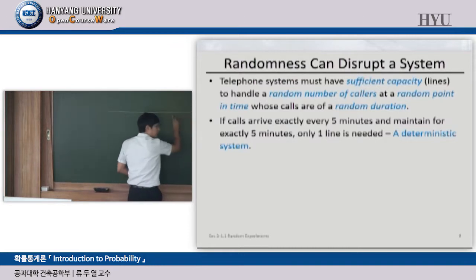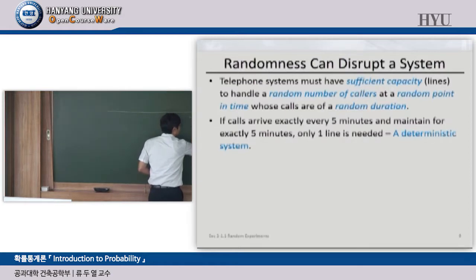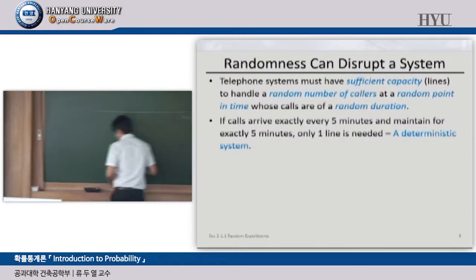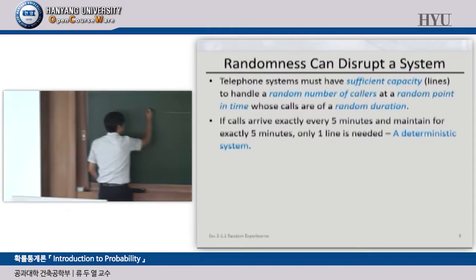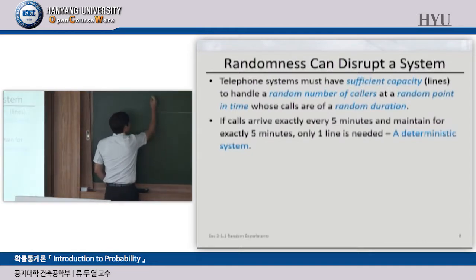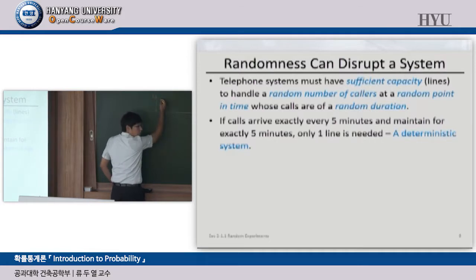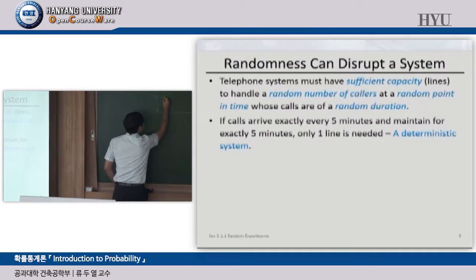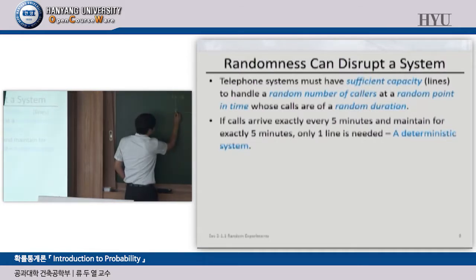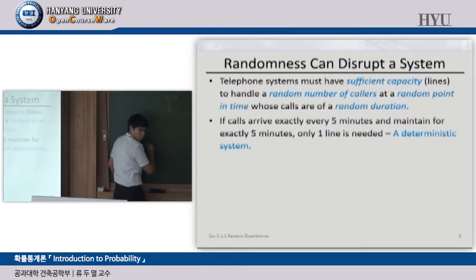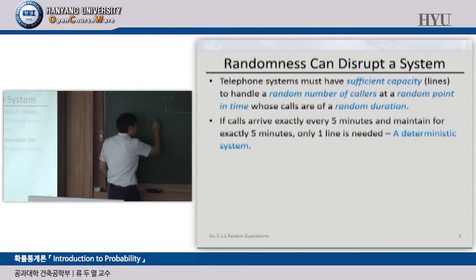If we assume that the x-axis is time in minutes, we can assume that this is the point where the first call arrived, and we can simply say this is the 0 point here. And the first call will last 5 minutes.